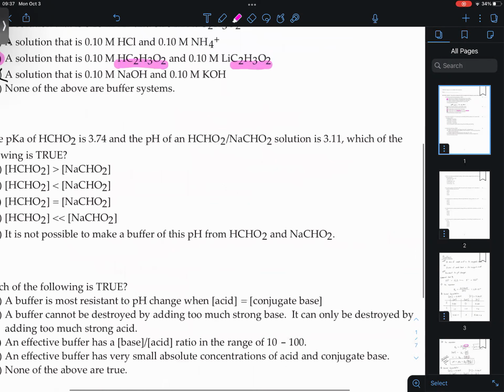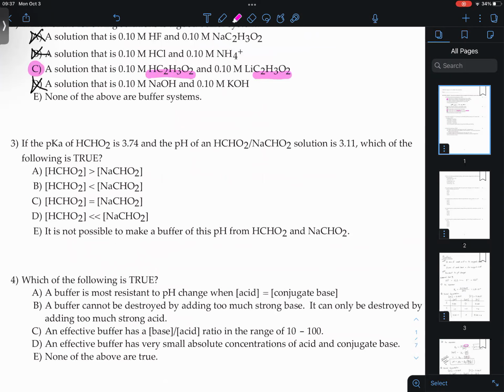All right, let's open the poll up again. We're going to do problem 3 here. So everybody take a minute and submit what you think would be true. If the pKa is 3.74 and the pH of this solution is 3.11, which of the following is going to be true?